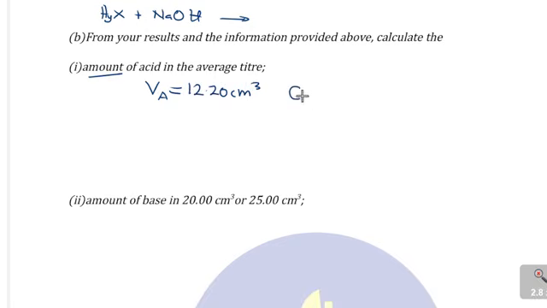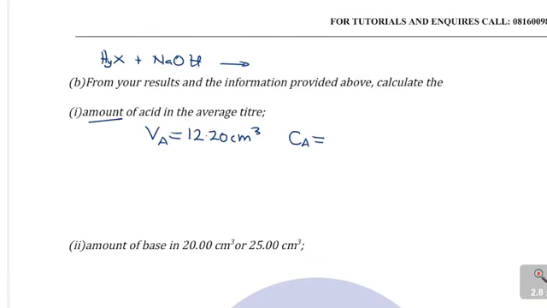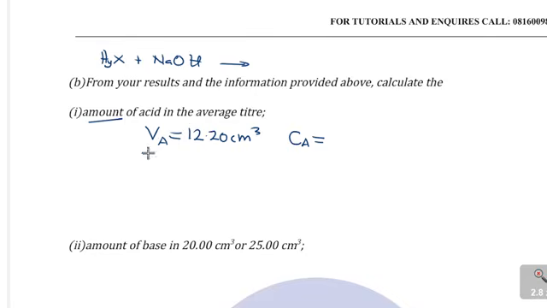The question also gives us the concentration of the acid, which was given to be 0.102 moles per dm cube. Moles per dm cube is the same thing as molar. So the concentration in mole per dm cube is Ca, also called molar concentration or molarity of the acid. So from here, the number of moles of the acid, Na, is Ca multiplied by Va.